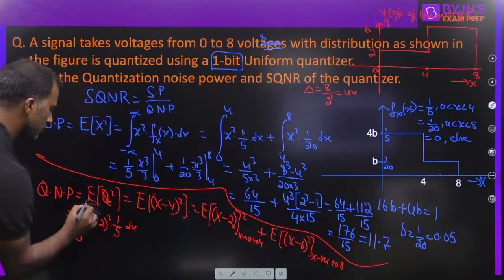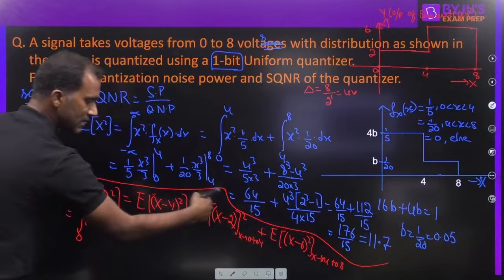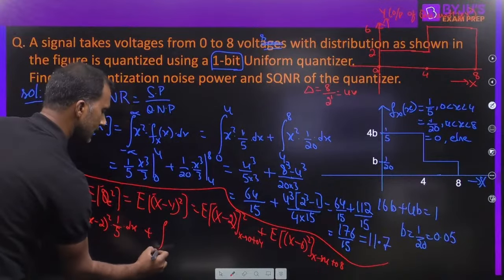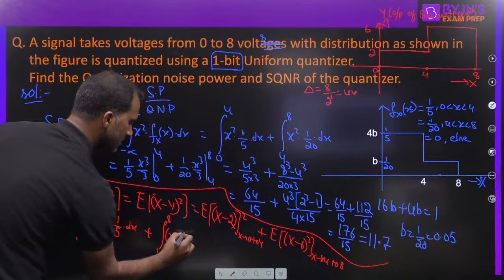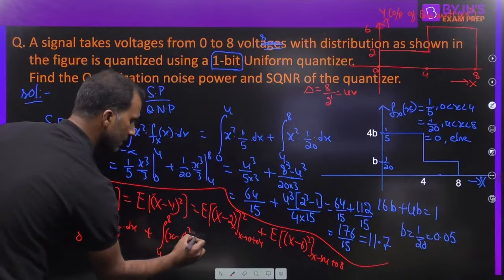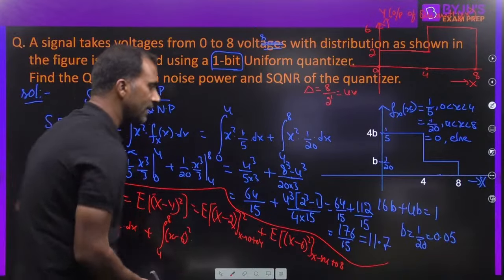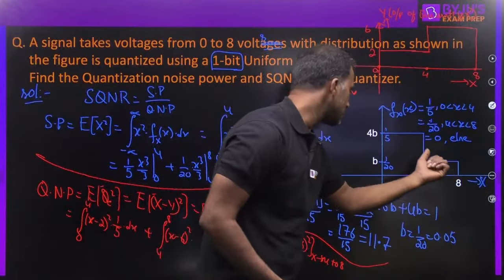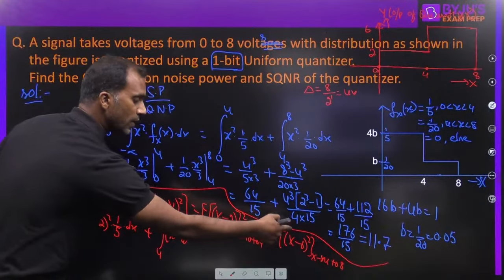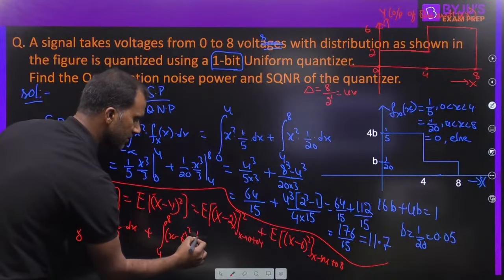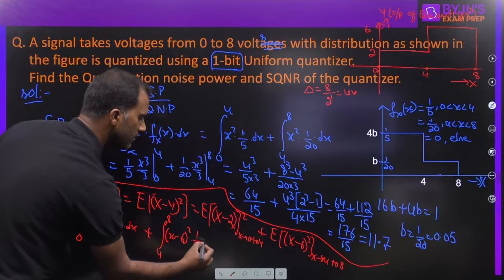The limits are from 0 to 4 because we know x runs from 0 to 4 in this case, plus the integration from 4 to 8, the second case, x minus 6 whole square into what is the height from 4 to 8? The height of the PDF from 4 to 8 is 1 by 20. So the integration of x minus 6 whole square into fx of x dx, where in place of fx of x we substitute 1 by 20.